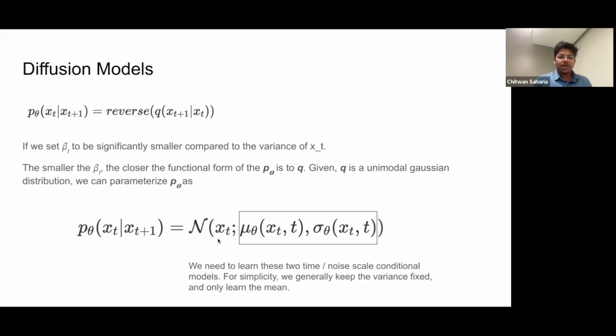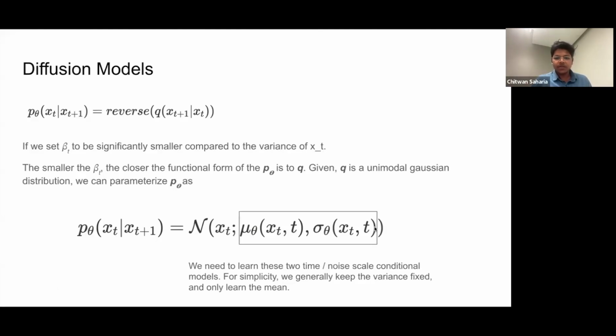Now it basically becomes a matter of learning this mean and this variance given the noisy image xt and a time step t. And once we have this, we can sample xt plus 1. Actually, sorry, this would be xt plus 1 here. And so given xt plus 1, we can then sample xt from it and just keep reversing the process.